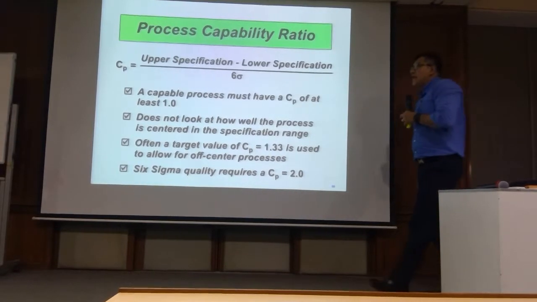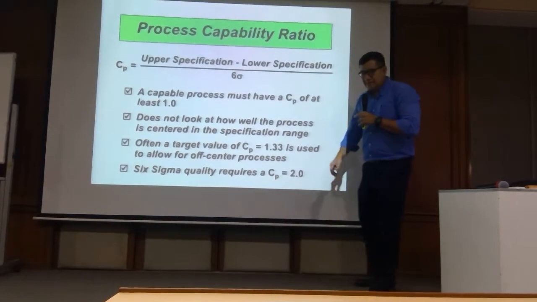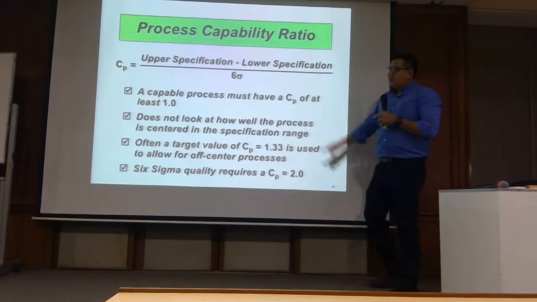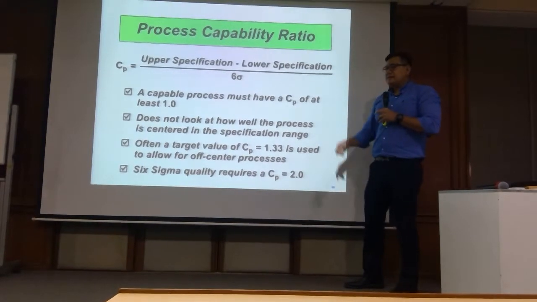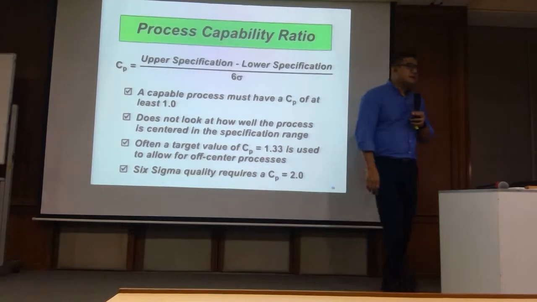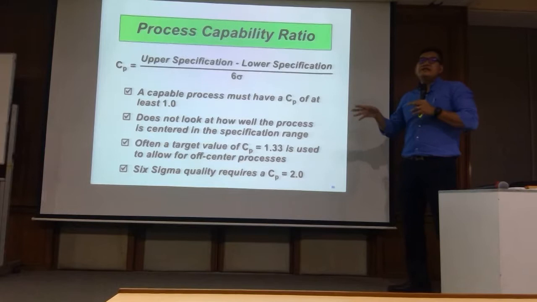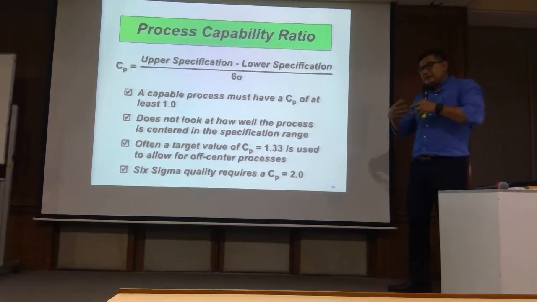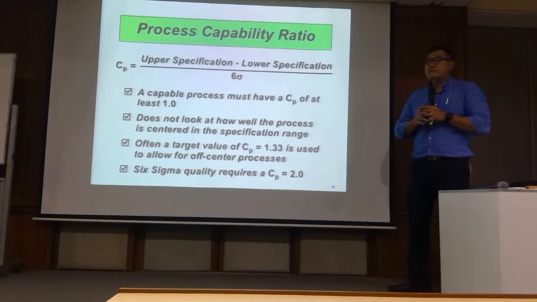So if you calculate upper spec minus lower spec divided by 6 standard deviations of the process, and you get a Cp value equal to or more than 1.33, we conclude that this process is capable of producing output within the design specification.